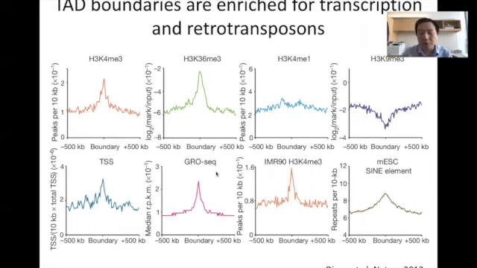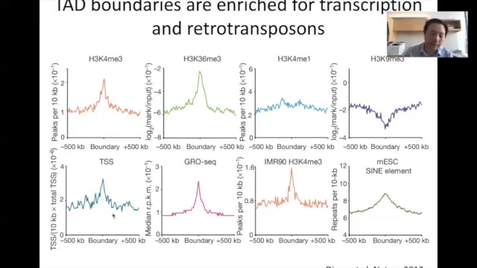Another interesting element that we see is the SINE element, which is a repetitive element, right? If I remember correctly, my good friend Ting Wang also gave a lecture in this class, right? He's an expert on repetitive elements. It seems that retrotransposons potentially also play a critical role in the formation of 3D genome structure.